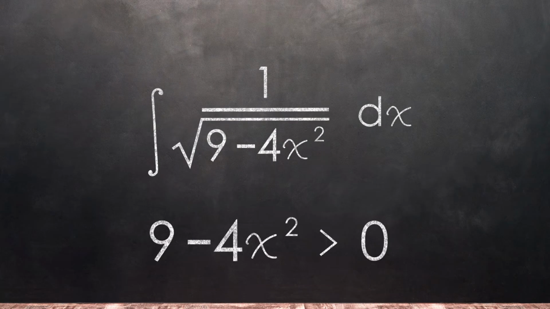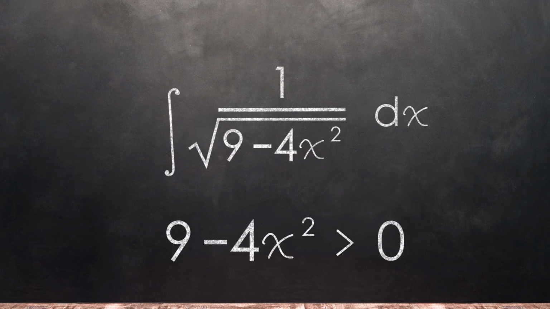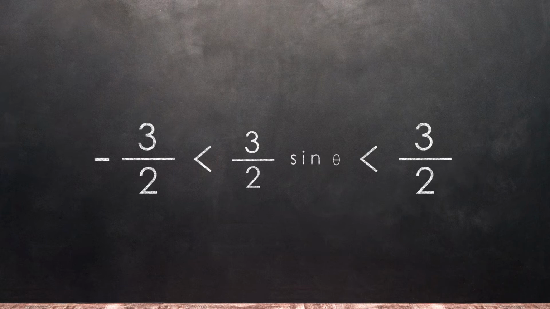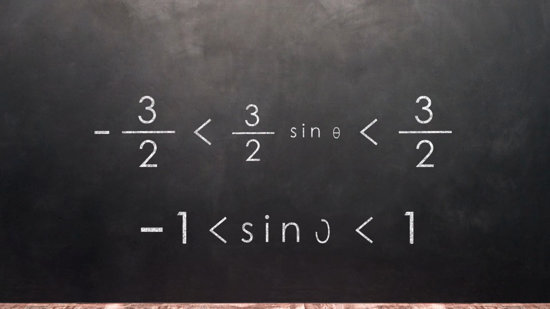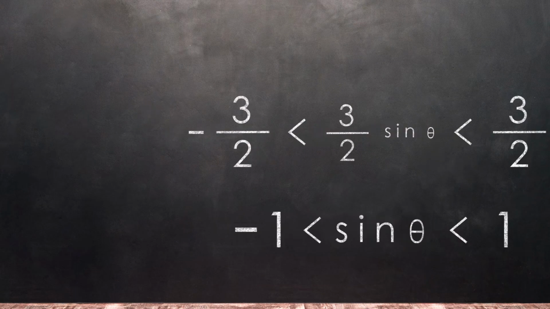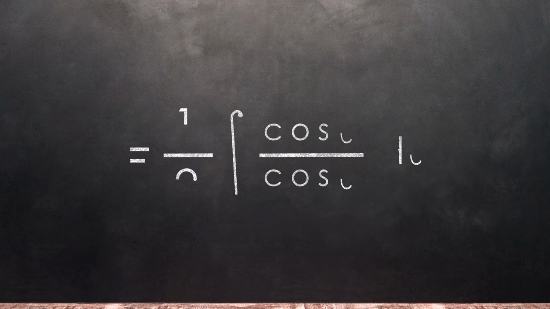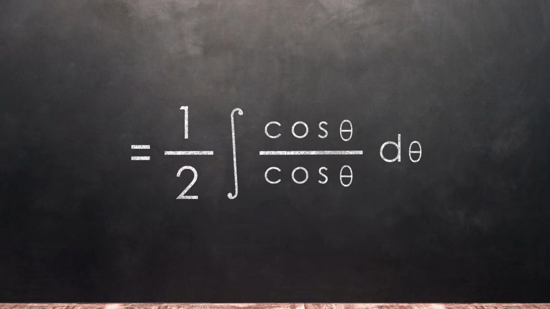If we solve this for x, we get that x must be between negative 3 over 2 and 3 over 2. Since x is equal to 3 over 2 sine theta, we can replace x in the inequality and solve for the restriction on theta. Cos theta is never 0 within this interval of theta, so dividing by cos theta in the integral doesn't mean we are dividing by 0. We can now continue solving the integral.